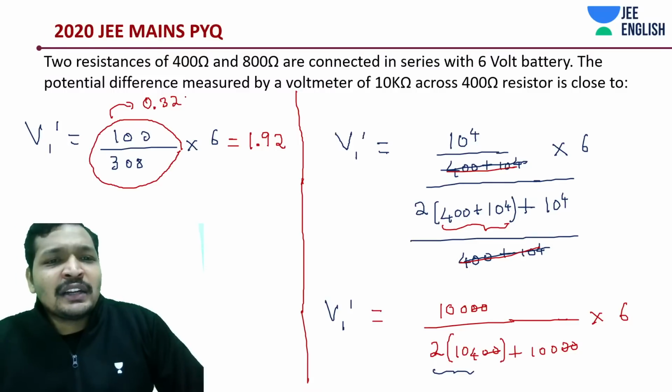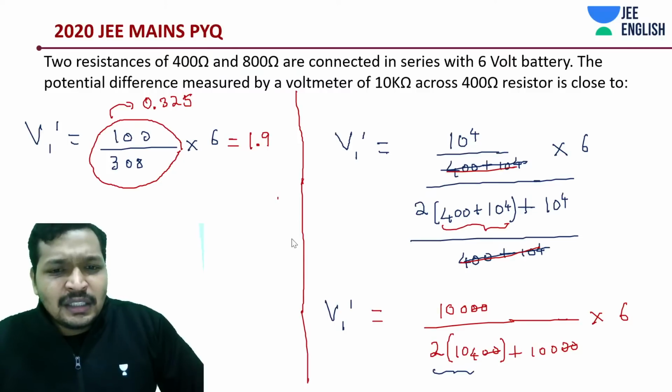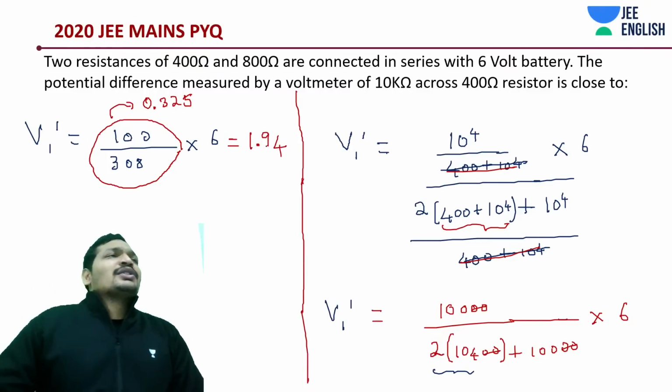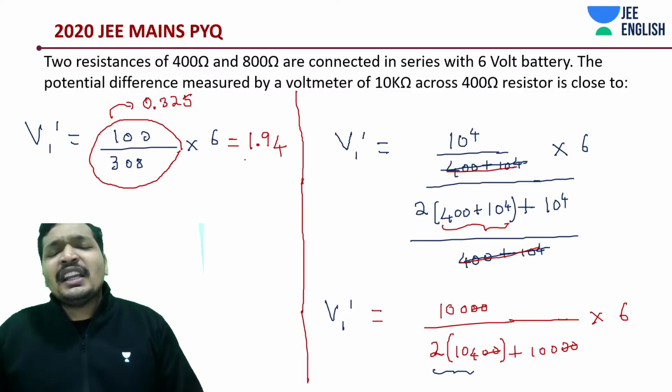I think there will be a 5 etc., so this will come out to be 1.94 something. Okay, so 0.33 into 6 is how much? You can think about it as 18, right? So 1.98 and odd. So very close calculation.